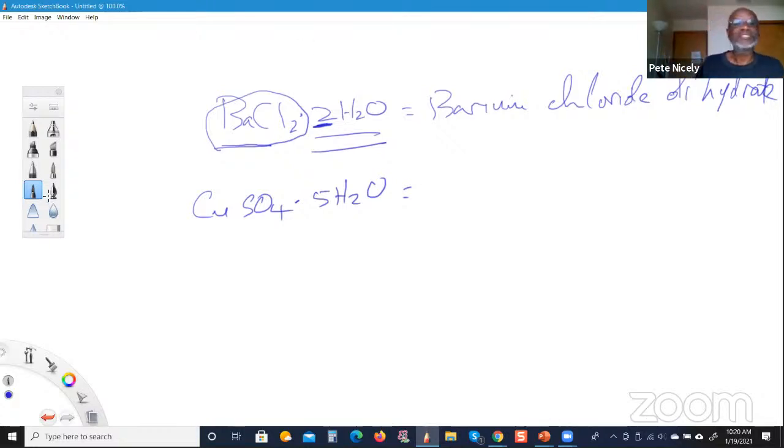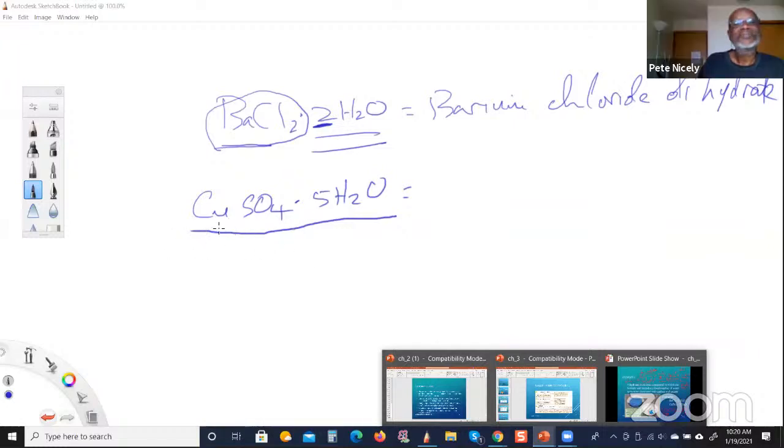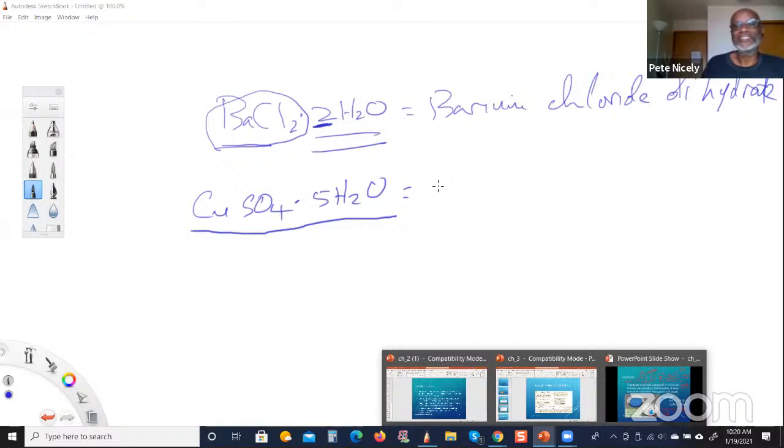What's the name of this compound? The copper sulfate? Well, the name of the entire compound. Tell me and I'll write it down here.